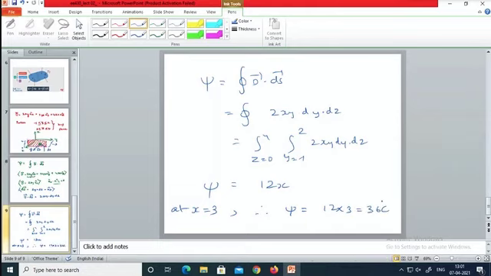This is the amount of charge, or the amount of flux, leaving the surface. So you can imagine now, after solving this problem, what you are able to do: you are able to calculate the amount of charge passing through a given surface by applying Gauss law.